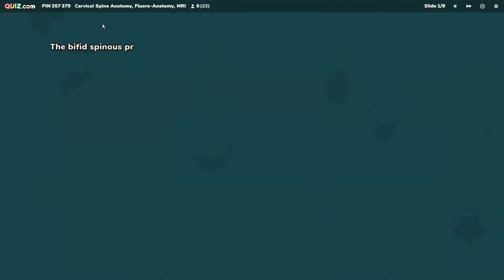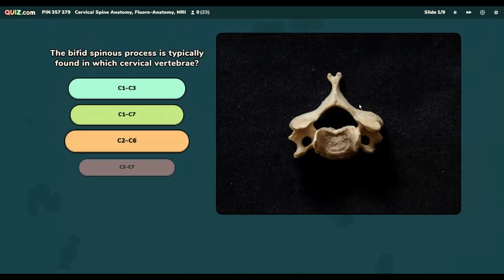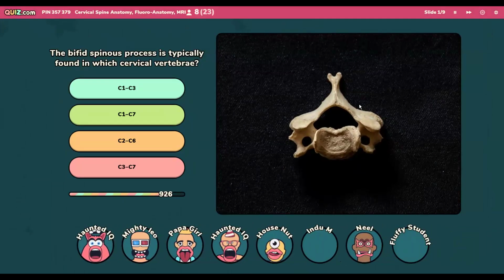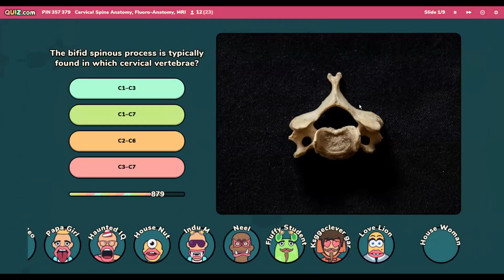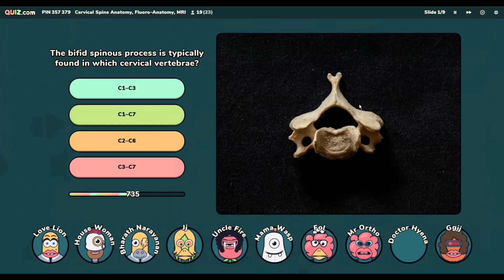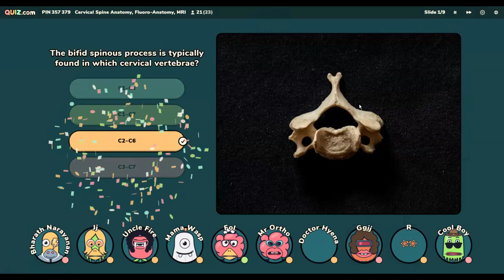Bifid spinous process is typically found in which cervical vertebrae? C2 to C6.